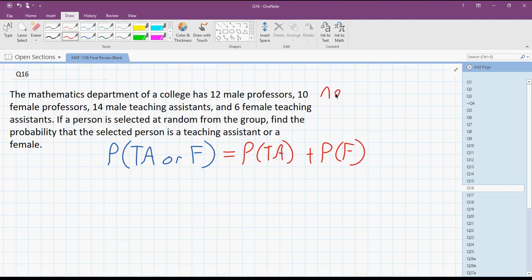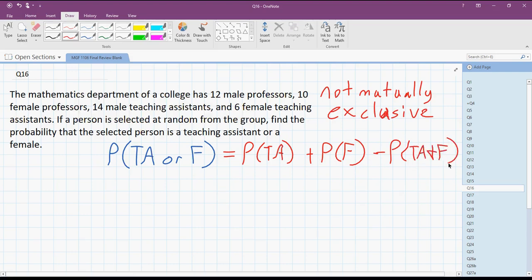But because these are not mutually exclusive, you're going to subtract off the probability of being a TA and female. So that's how this probability works when you're not mutually exclusive. You have to subtract off the probability of when they both occur.